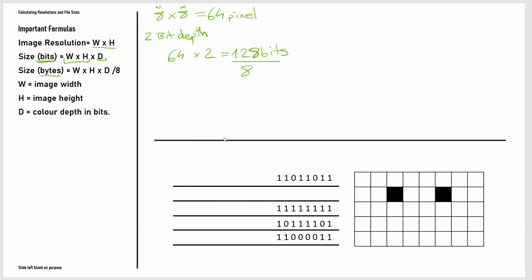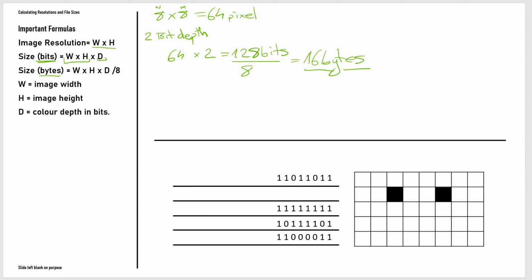Now, dividing 128 by 8 will give us 16 bytes. So this image, which is an 8 by 8 image, has 64 pixels, has 128 bits, and is 16 bytes in size.